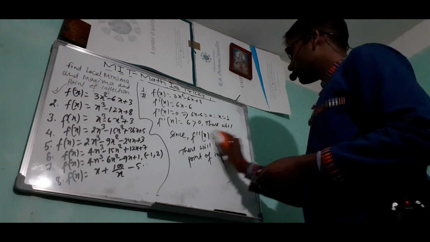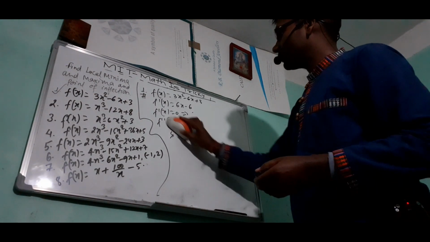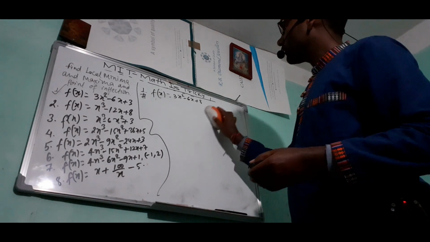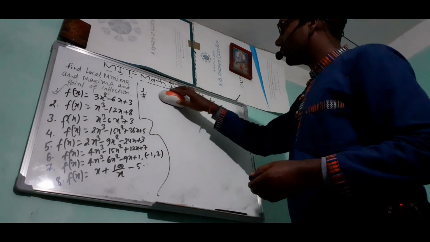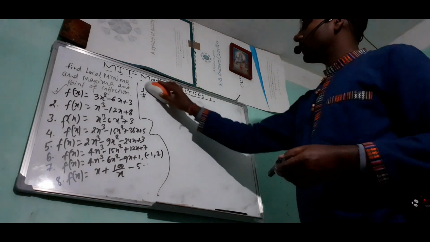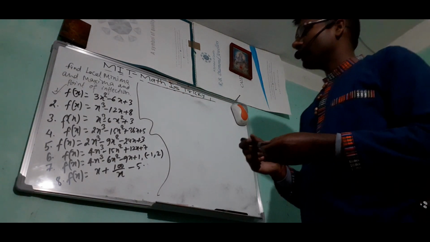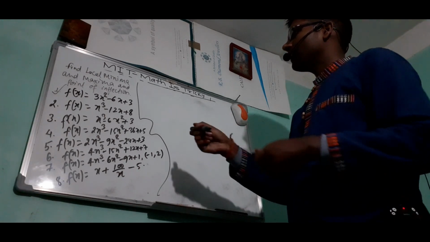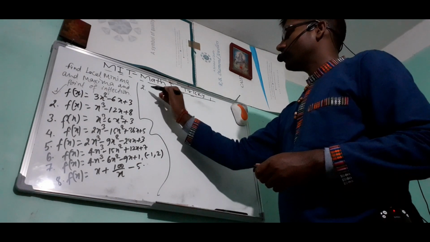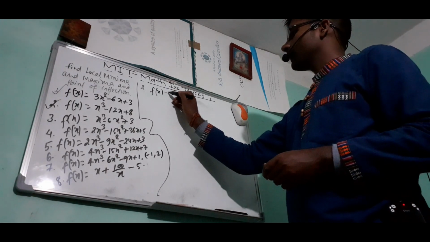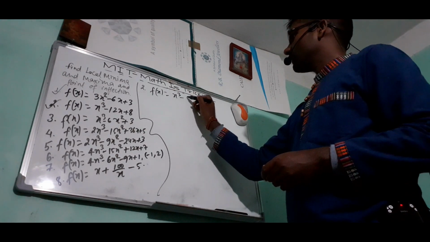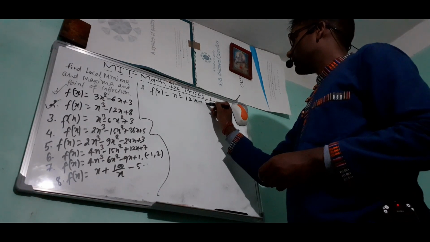Now let's move to question number 2. In this video I'm solving problems of derivatives, and especially we are dealing with how to find local maxima or minima. Question number 2: f(x) is x cube minus 12x plus 8.